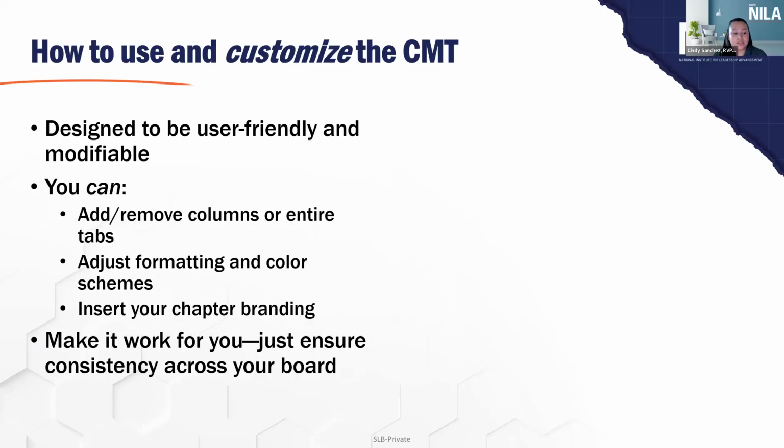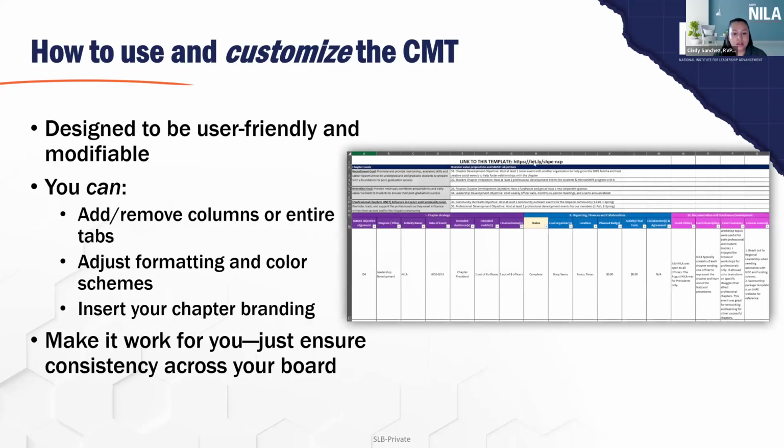You can remove columns, etc. Formatting, color, as you see here. We've changed the colors up a little bit just to show that you can modify it. In this specific situation, I didn't want to put the status as one column, because I also want to put what actions I or my team need to take in order to implement this event successfully.